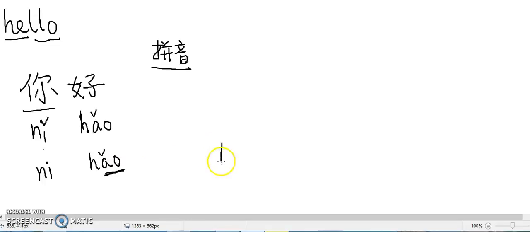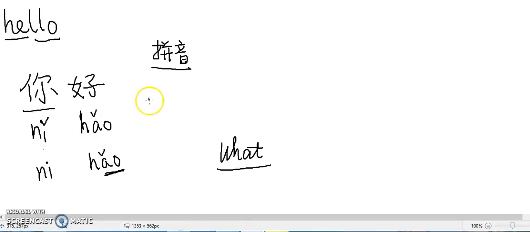In English, when you change your tone, for example, if I have the word what, you can read it in different ways, what or what. You may read it in different tones, but it's still the same English word. But in Chinese, when you change the tone, it becomes a different word.